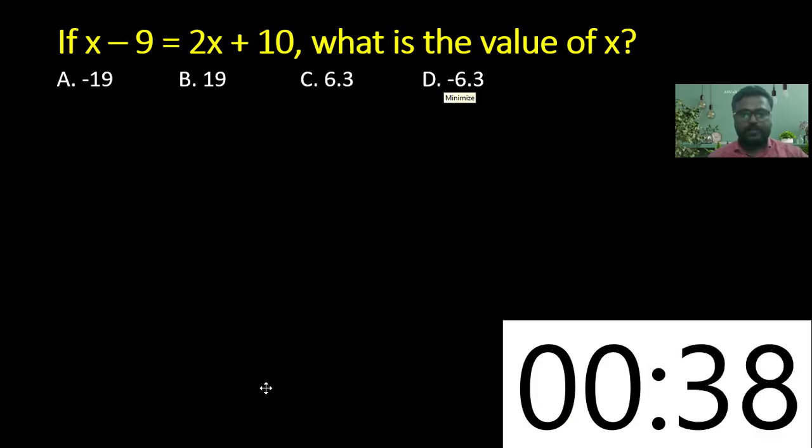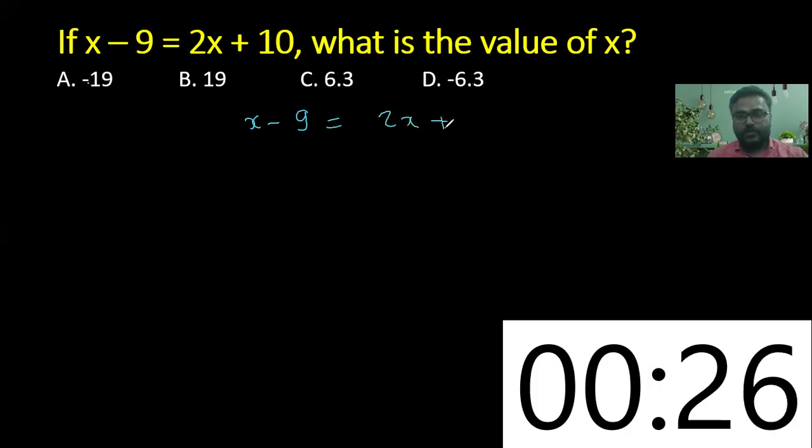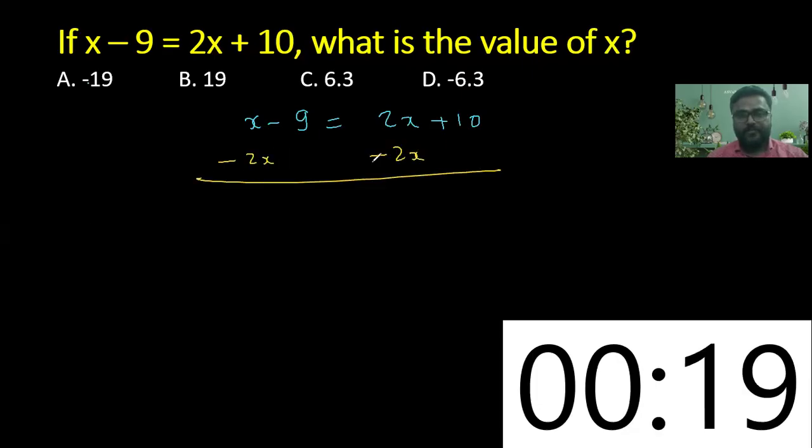And Jay says B. Ablam says A. That directly means I have to solve it. Oh, that's A. X minus 9 is equal to 2x plus 10. Subtract 2x from both the sides. X minus 2x is negative x.